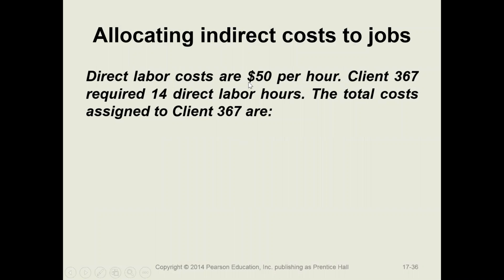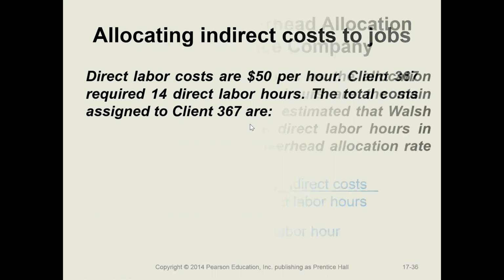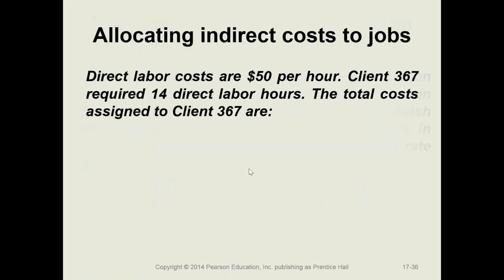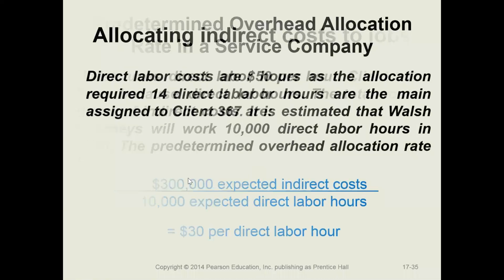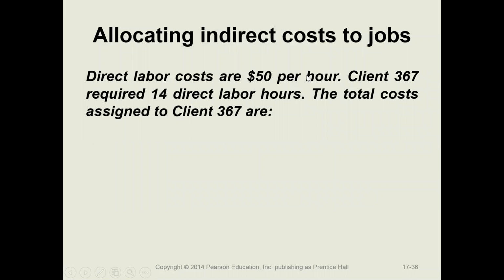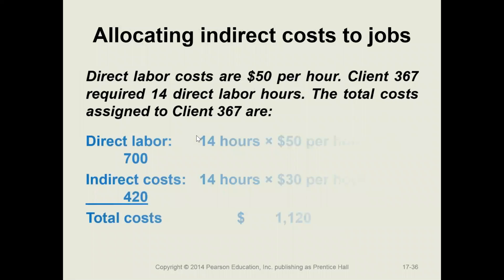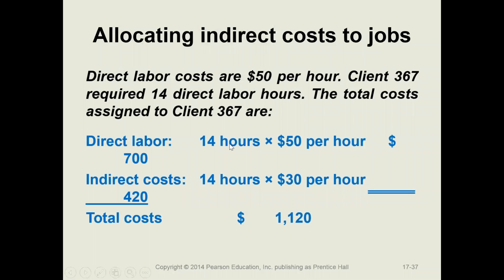So we saw that the direct labor costs are $50 an hour. $30 an hour is the overhead allocation rate. So let's say they charge $50 an hour to clients. This particular client required 14 direct labor hours, so that's how much time attorneys spent on the client, 14 hours. So the total cost that's going to be charged to client 637 is the 14 hours times the $50 an hour. That's the direct labor, $700.